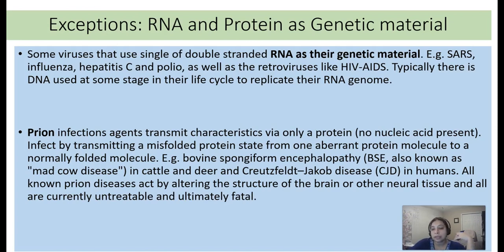Any prion disease that we look at, they work by altering your brain or neural tissue, and that's how they cause the disease phenotype, and are usually, well, currently at least, all untreatable and eventually fatal.